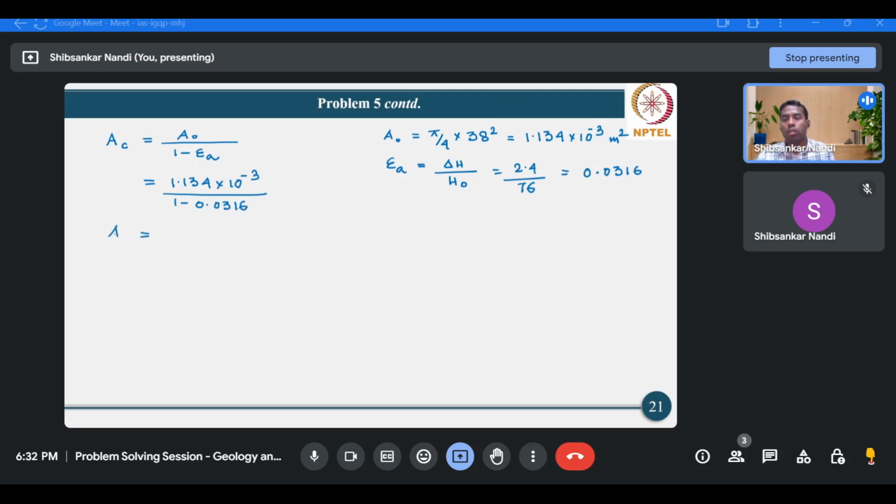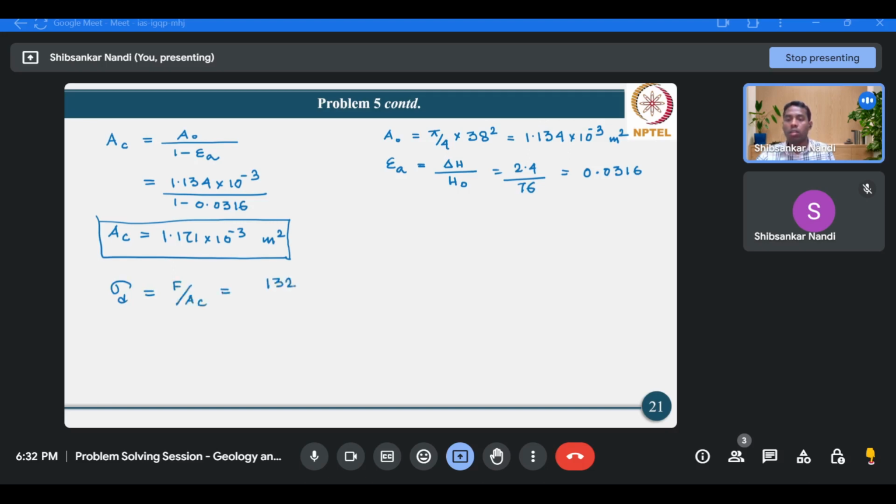So AC would be 1.171 into 10 to the power minus 3 meters square. Now once the corrected area is obtained, we can calculate the sigma d value, that is F divided by AC.